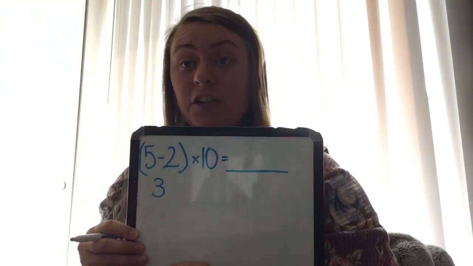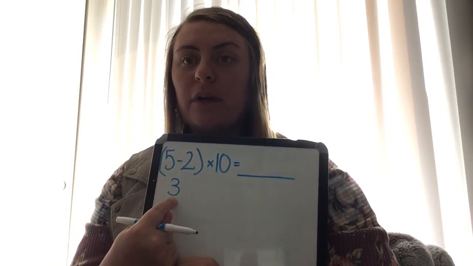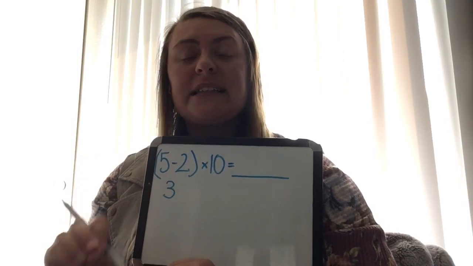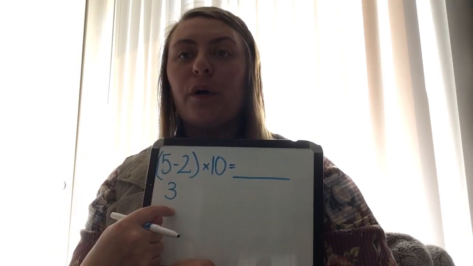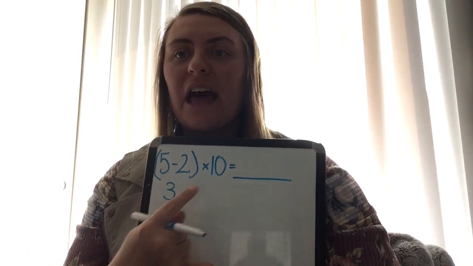Again, I'm not finished as I still have to multiply. So now I'm going to take my 3 and multiply it by 10. This time, instead of making equal groups, I'm going to add 10 together 3 times.